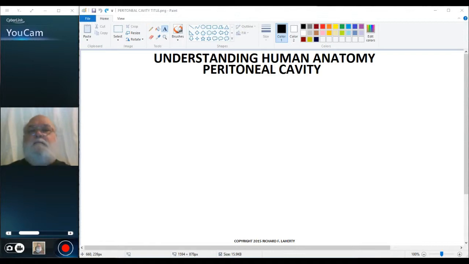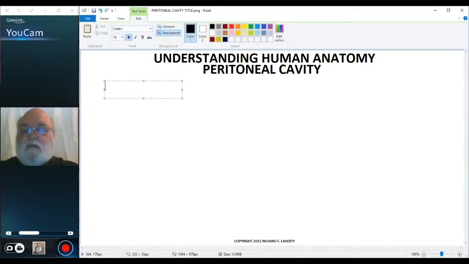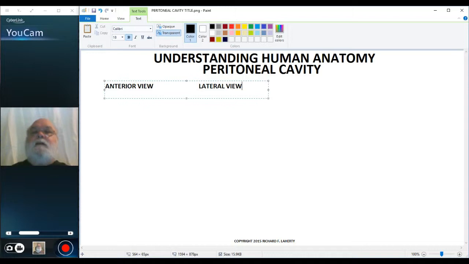Now I want to start by talking about how the stomach moves in the early stages here in the embryo. I'm going to draw two views, an anterior view and a lateral view of the stomach.